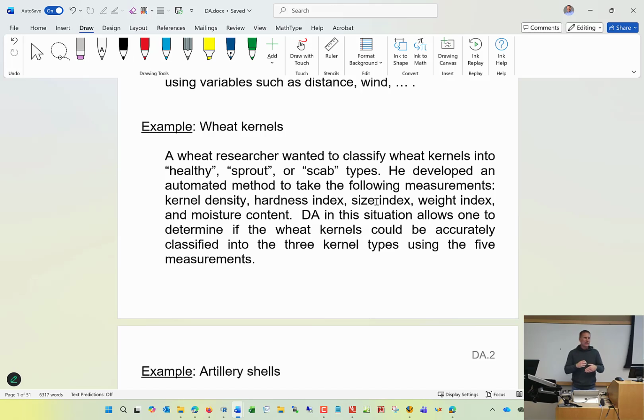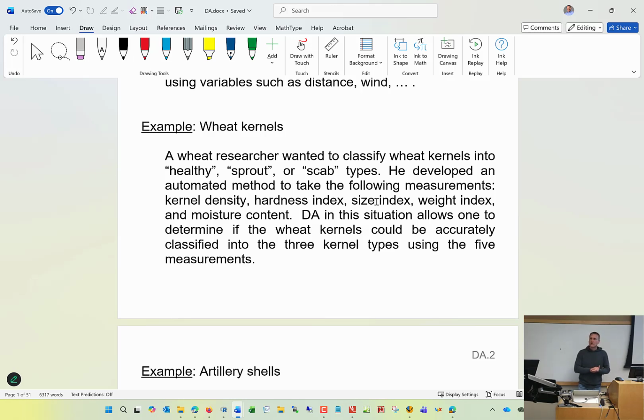Then he used this automated system that he developed that measured the kernel density, the hardness, the size, the weight, and the moisture content of the wheat kernel. Those are my explanatory or independent variables. Using that, and knowing the correct type of kernel, healthy, sprout, or scab, I developed a mathematical statistical rule to make that judgment, just based upon these measurements.